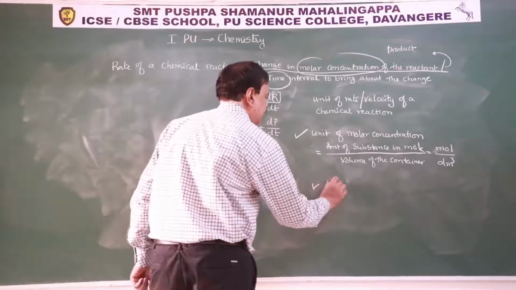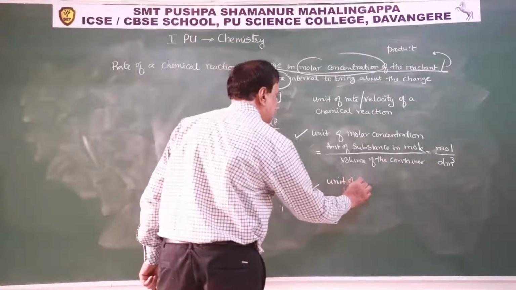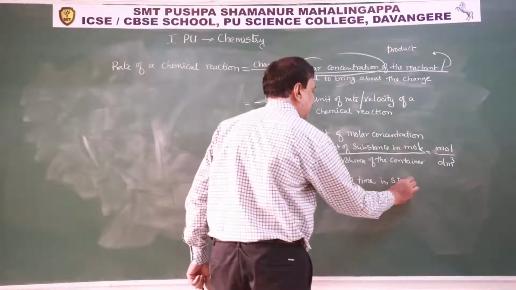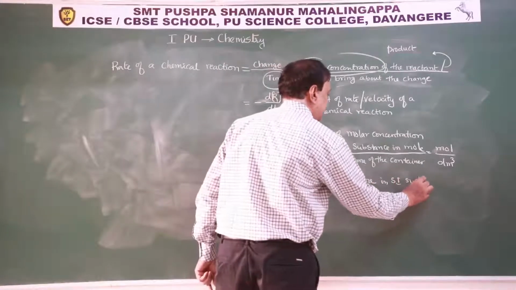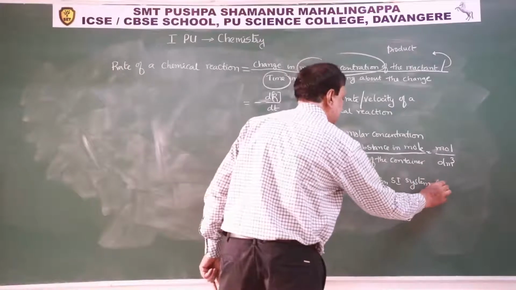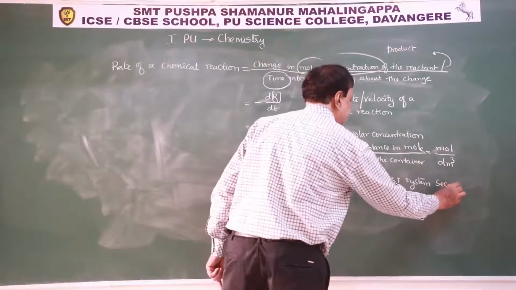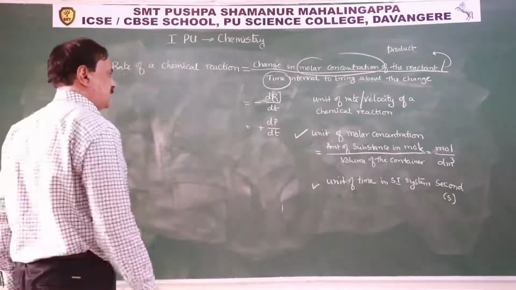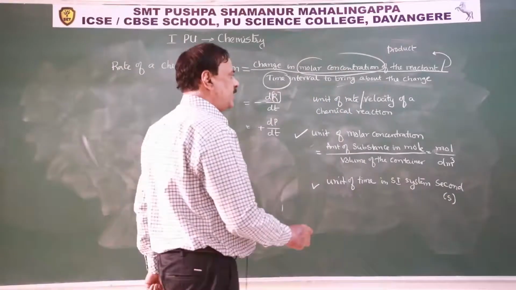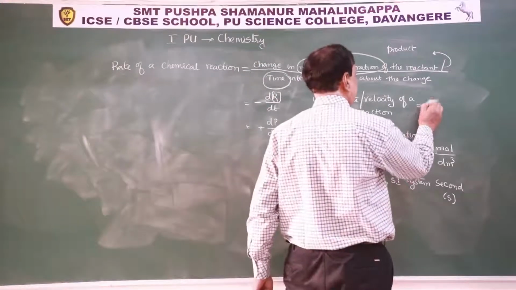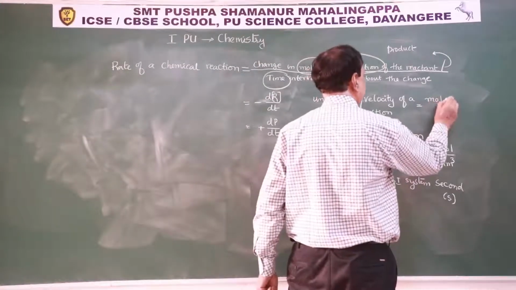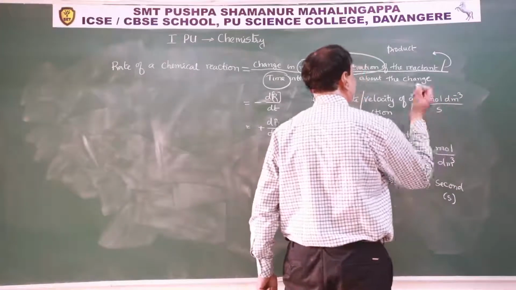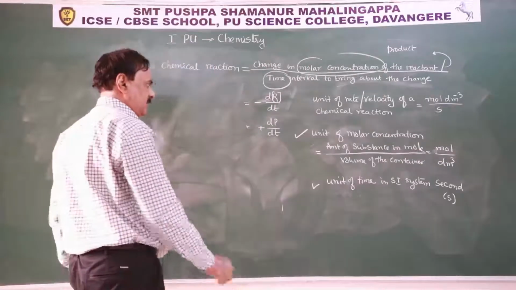You know about the unit of time in the SI system, that is second, denoted by small letter s. Therefore the unit of rate or velocity of a chemical reaction is moles per cubic decimeter per second.